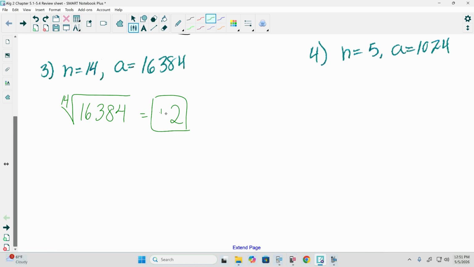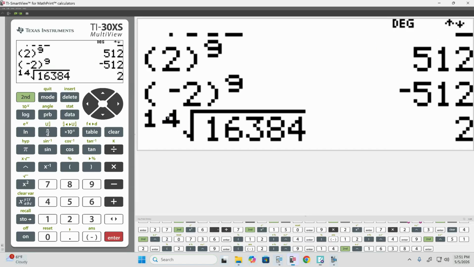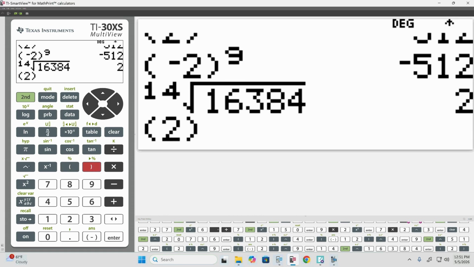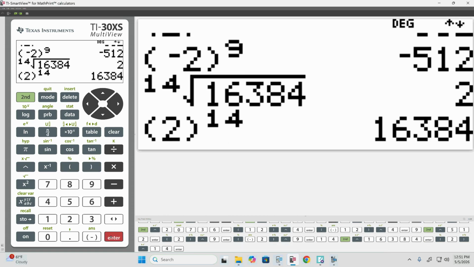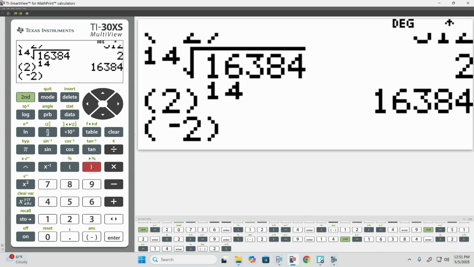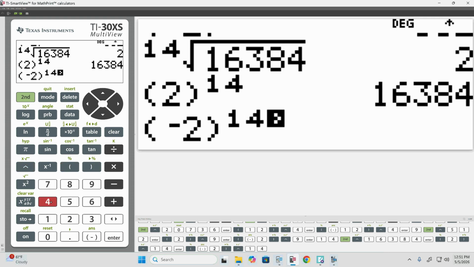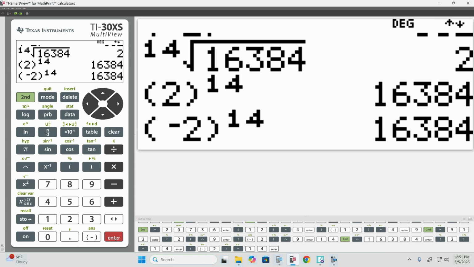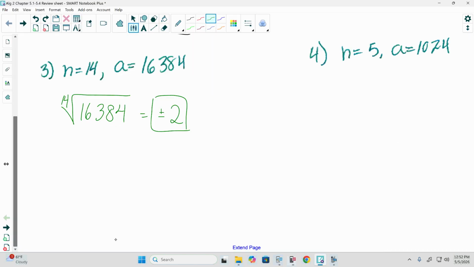Now, because it is an even root, we do have to put the plus or minus. Because 2 to the 14th power is indeed positive 16,384, the value we started with for A. If I check negative 2, we also get positive 16,384, the same value of A. So we need both the positive and negative case, so we have to put the plus or minus.